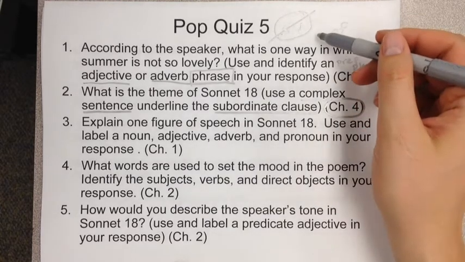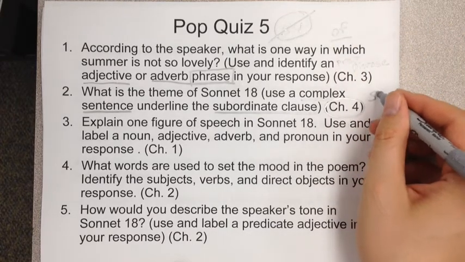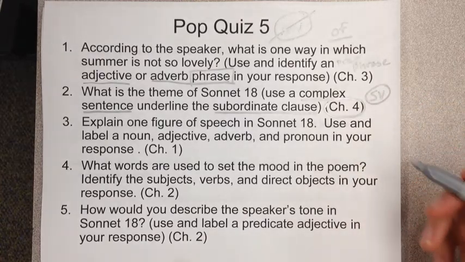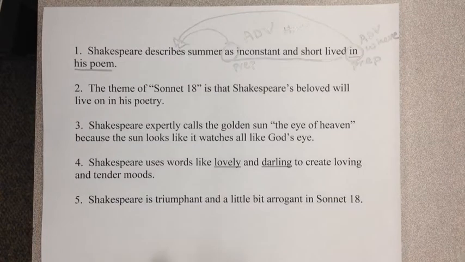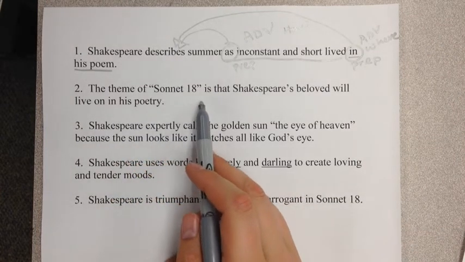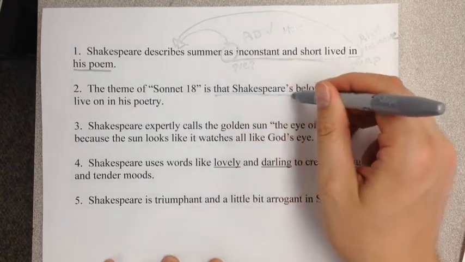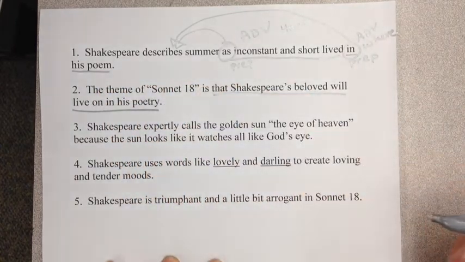So we're not looking for a group of related words that could stand alone as a sentence. Unlike phrase, which we were looking at in number 1, in number 2 we are looking for subject-verb. But we're looking for a subject-verb relationship that cannot stand alone. Here's 2. The theme of Sonnet 18 is, and here we go, that Shakespeare's beloved will live on in his poetry.